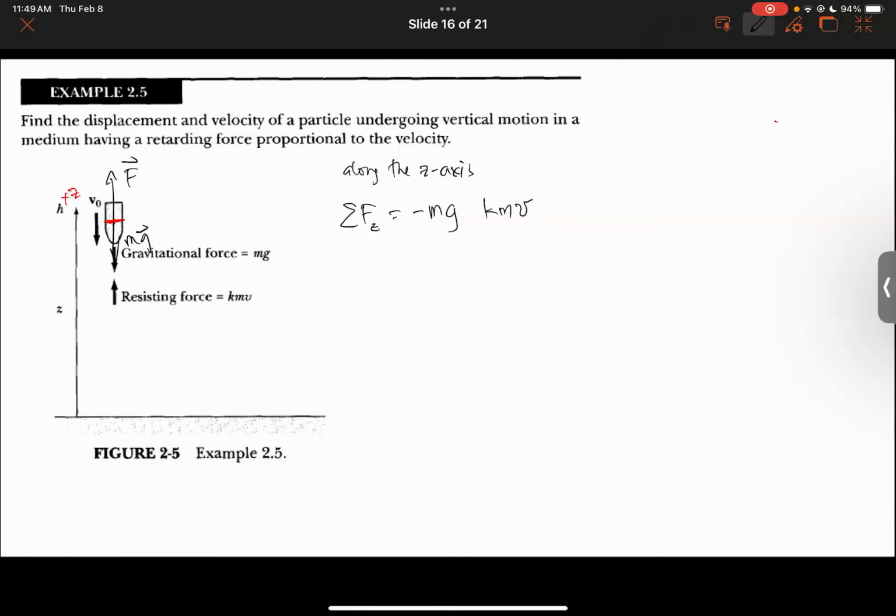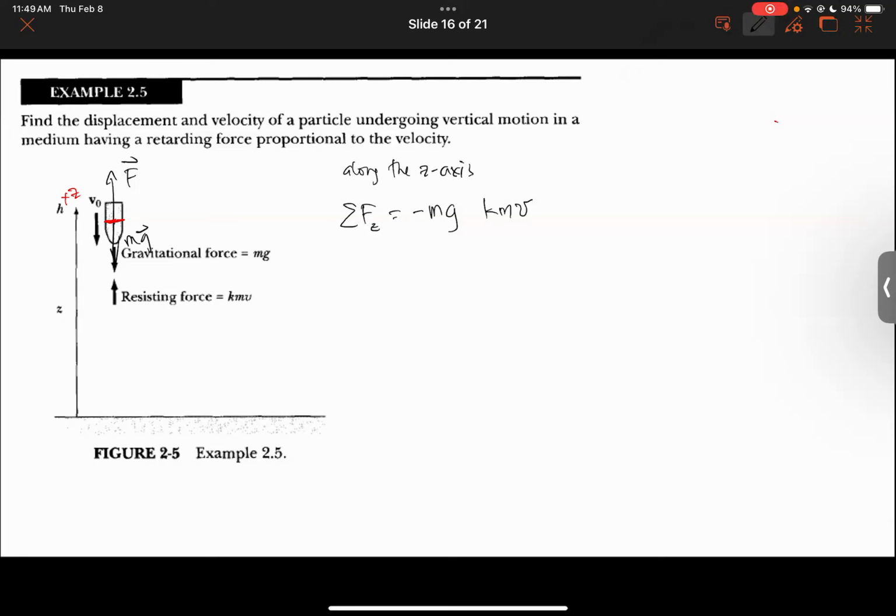Okay, now ano yung sign nung kmv? Now you might be tempted to say na yung kmv, since it's pointing upward, lalagay nyo dyan plus sign. You can do that, actually.